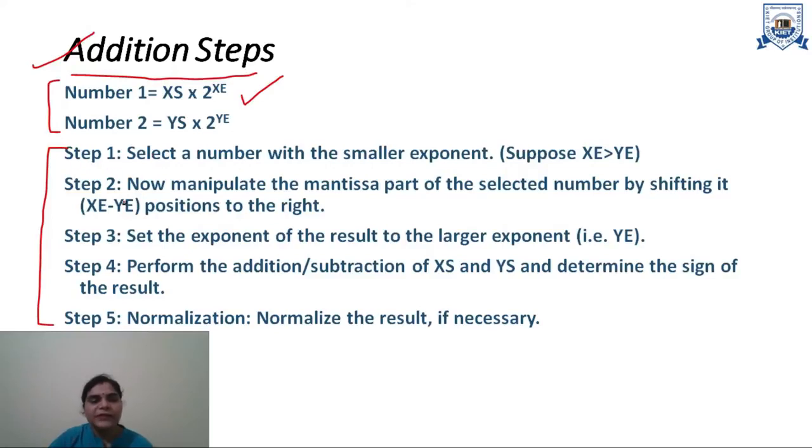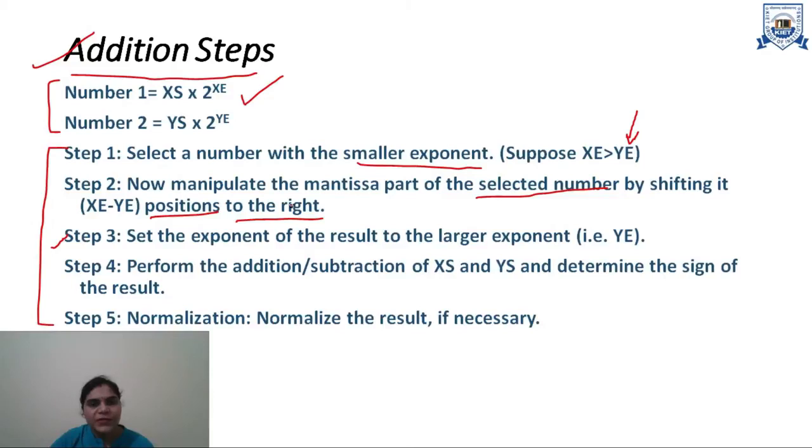The first step is to select the number with the smaller exponent. Now we manipulate the mantissa or significand part of the selected number by shifting the mantissa right by the difference of the larger exponent and the smaller exponent.